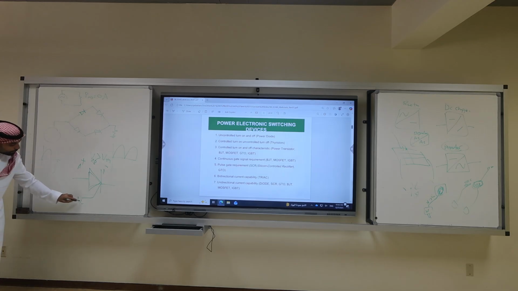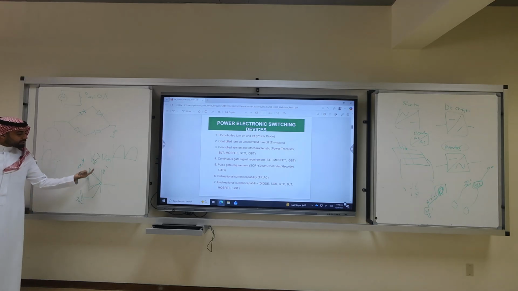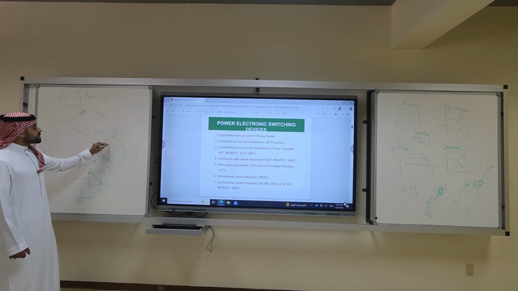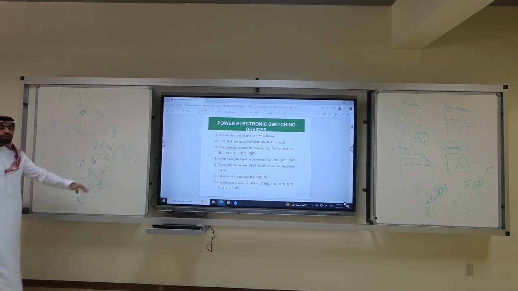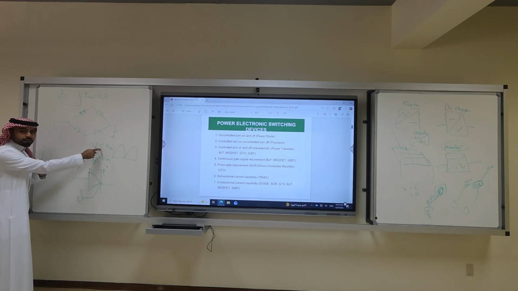But if you send a pulse, it will turn on and stay on until VBE is less than V threshold. Then it will turn off. So we control the on, but we cannot control the off.